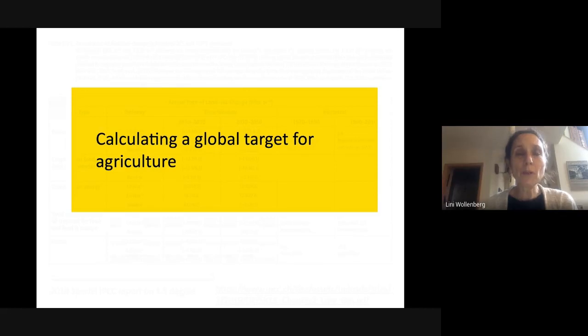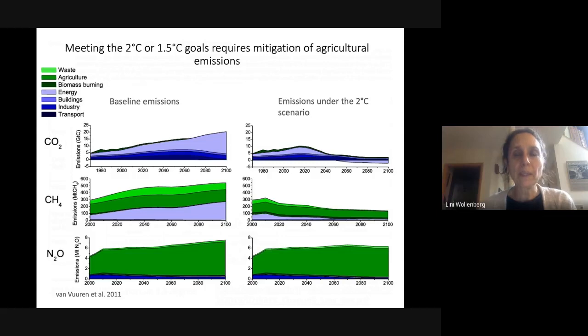So how do we go about calculating a global target? And then I'll say something quickly about country-level targets. In addition to RCPs, representative concentration pathways, those scenarios about the future, the other key concept to remember is that we're looking at baselines into the future versus emissions under that RCP scenario, right?